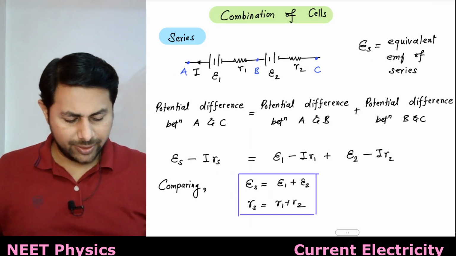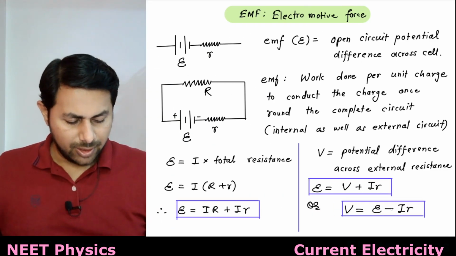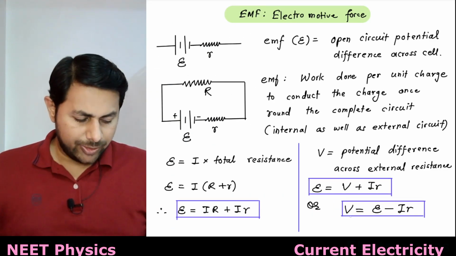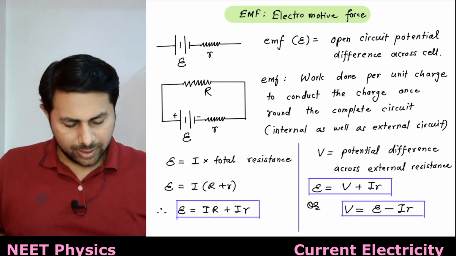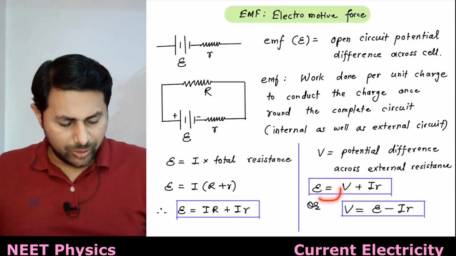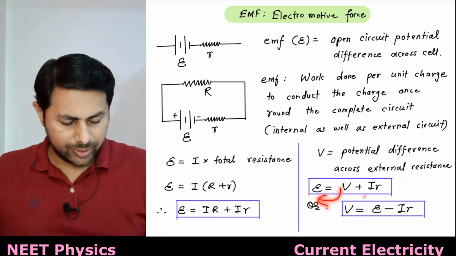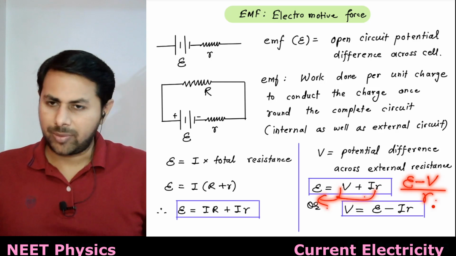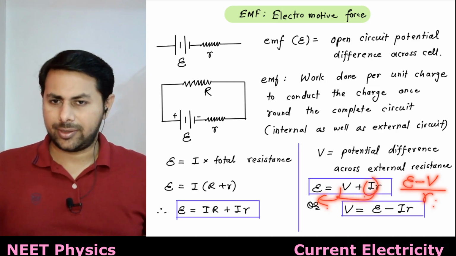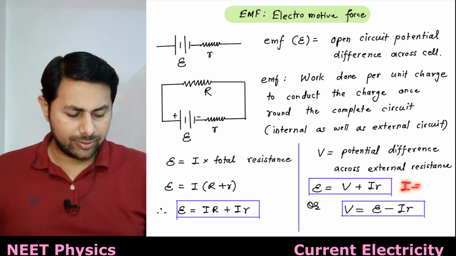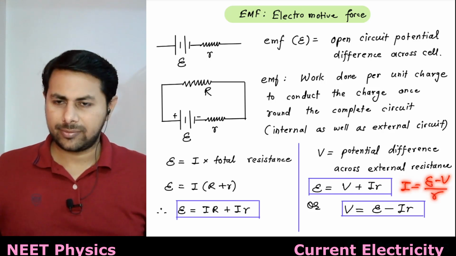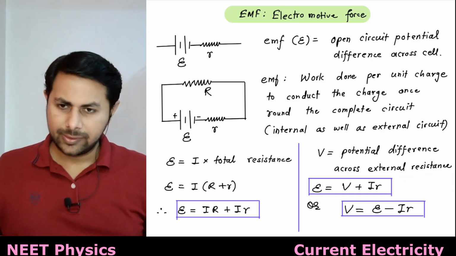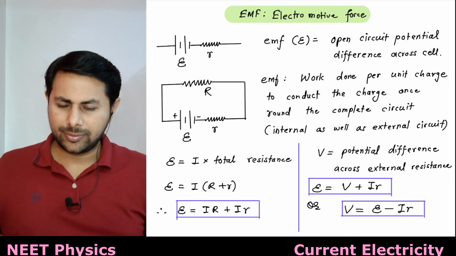If you see this relation, just move V on this side, you get E minus V, and move R to that side: E minus V upon R is equal to current. So current is equal to E minus V by R. Okay, this is clear? Yes, no? Okay, good.